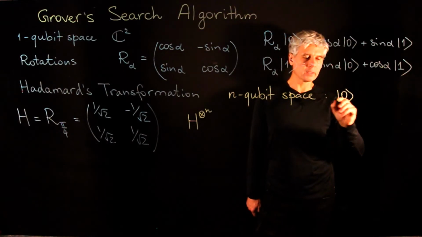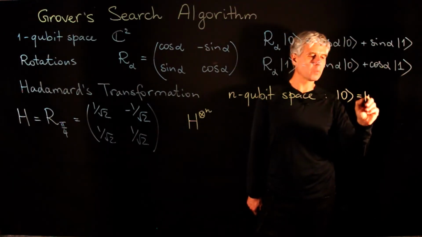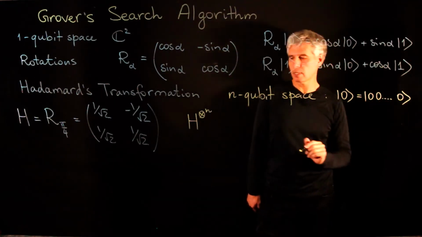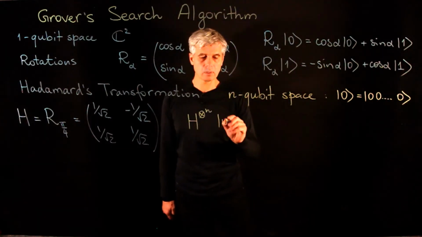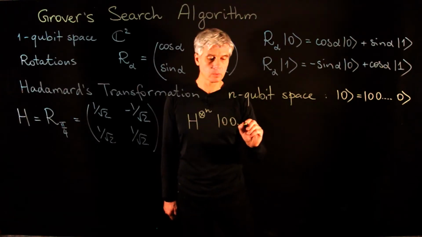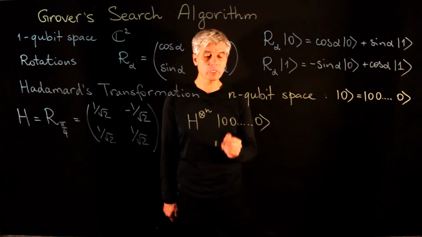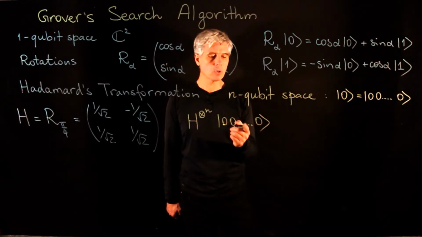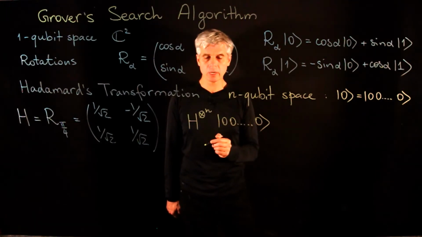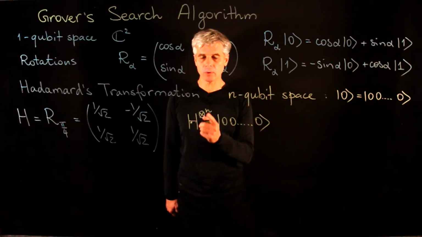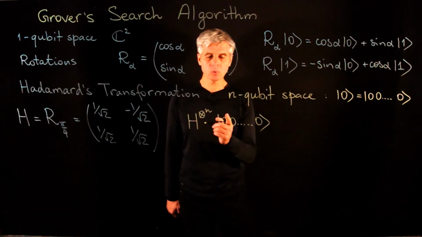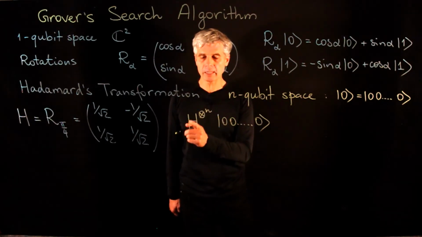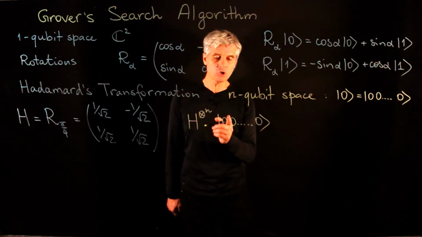Here, 0 we understand as the n-bit string of zeros. So what does it mean? This n-bit string of 0 is a tensor product of single zeros. The tensor power of the Hadamard transform is understood as the operator where the Hadamard transform is applied to each component.